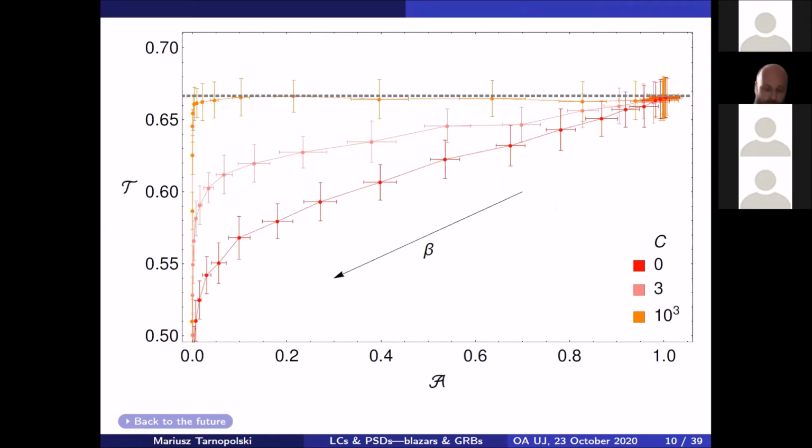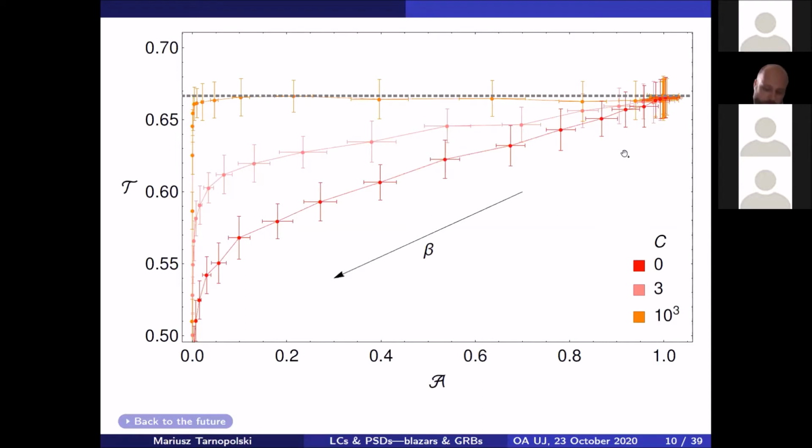let's take simple power laws. The red line here corresponds to pure power laws with increasing values of the index beta leftwards. And when it increases, the path in the AT plane is curved and goes to the regions of higher smoothness. When some white noise is added, the paths and the corresponding points with the same beta are raised and dragged closer to this point corresponding to white noise.